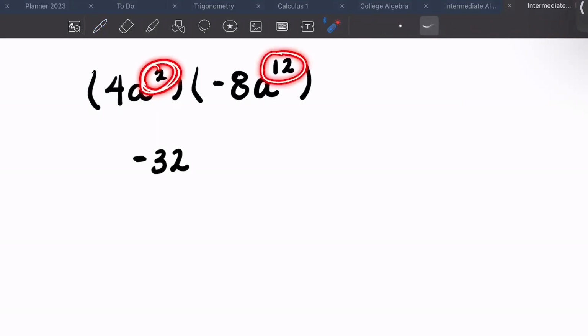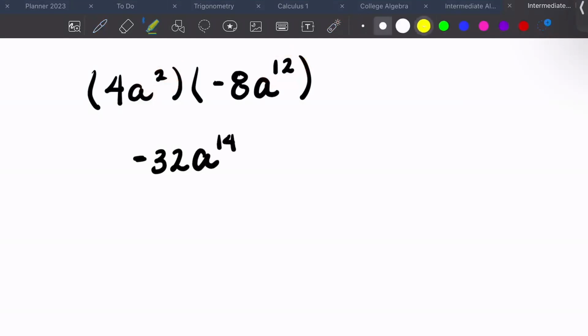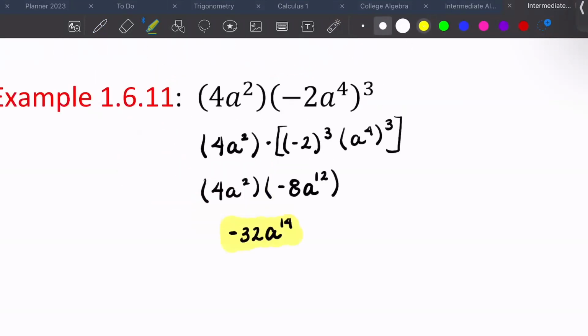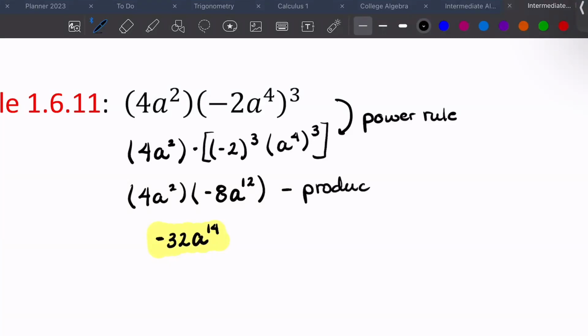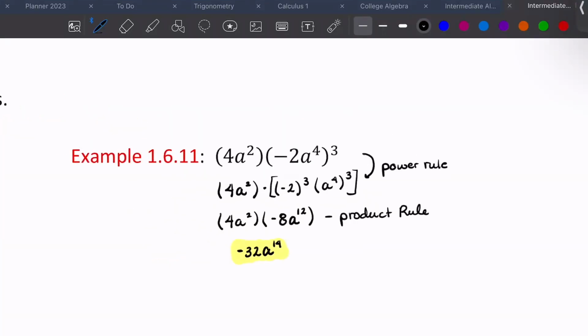So we have a to the 14th. Okay, so from here to here was power rule, and then here was product rule. So it's important for you to take these step by step, okay?